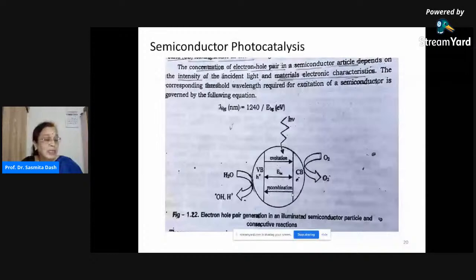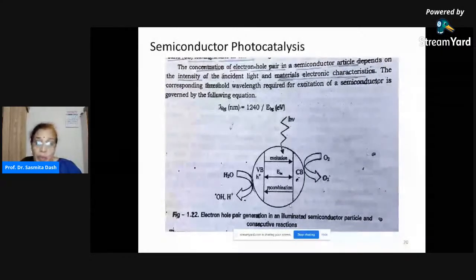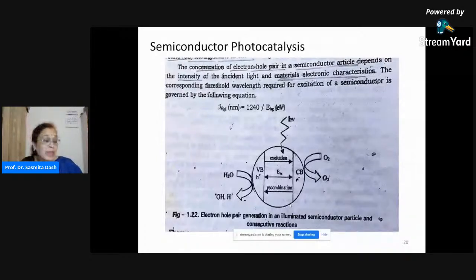Out of all the semiconductors, titanium dioxide has proved to be the benchmark catalyst against which the photocatalytic activity of other semiconductors is measured. This is because of its high photocatalytic activity. Zinc oxide stands next as a suitable alternative to titanium dioxide and proved to be efficient, even more efficient than titanium dioxide in several applications.